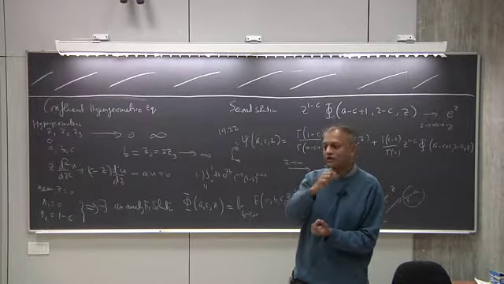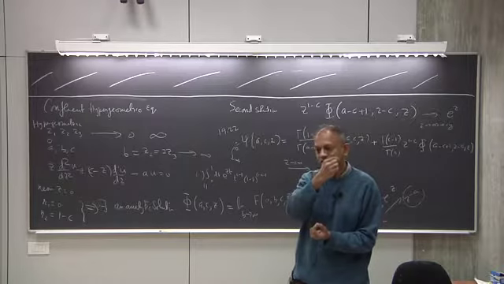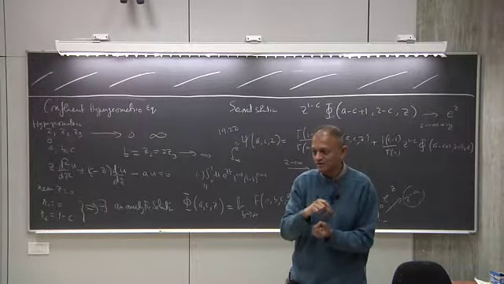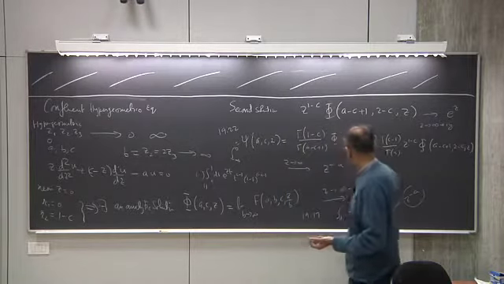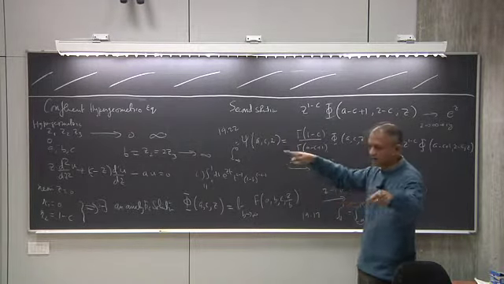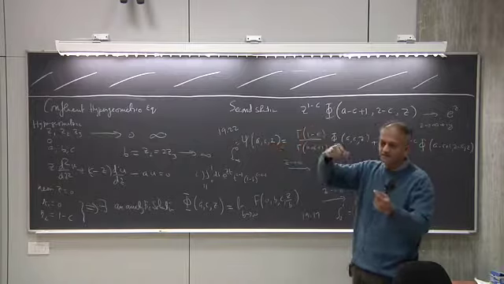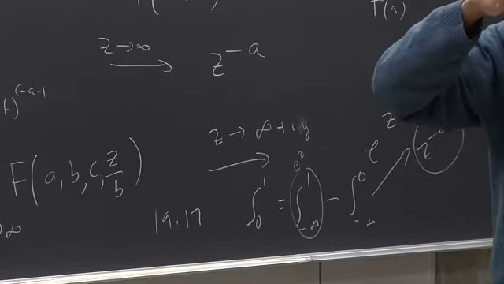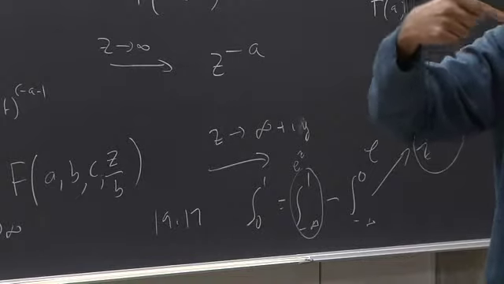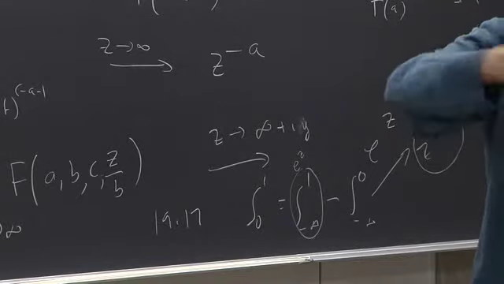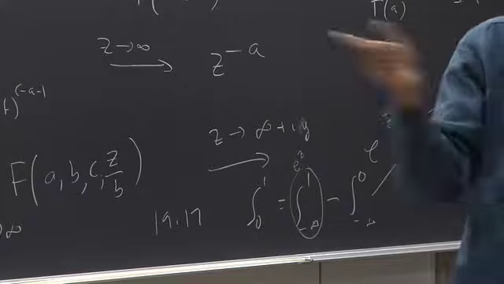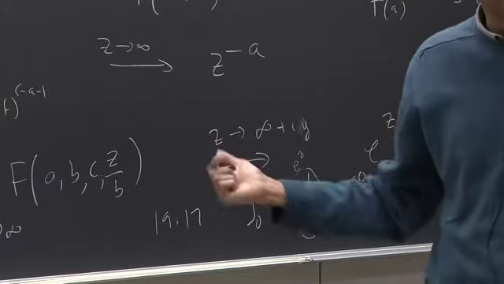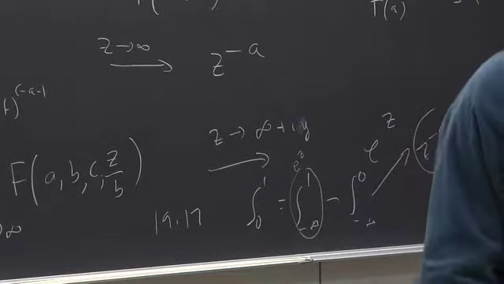Essentially, you could get any value of the function in an arbitrarily close neighborhood. As you go to z equal to infinity along different directions, which is the same as making the coordinate transformation 1 over z going to 1 over z prime, in the z prime coordinate, as you go to 0, depending on which direction you are coming from, you can get completely wild values of the function. So this is the behavior.